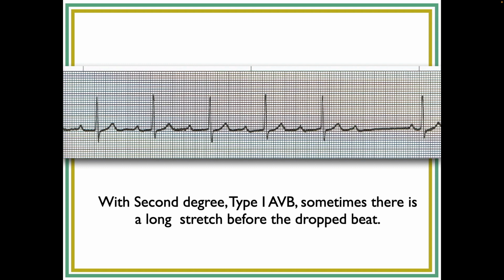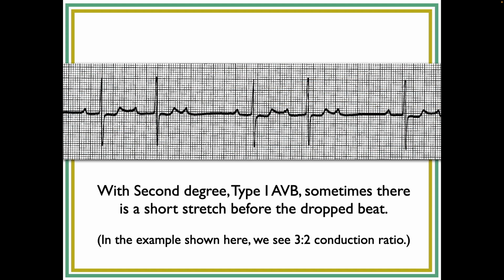So it's at least 6-to-5, but it actually could be considerably longer because we don't know what happens here. And sometimes there's a really short stretch before there's a dropped beat. So second degree type 1 can be long groups, short groups, okay?